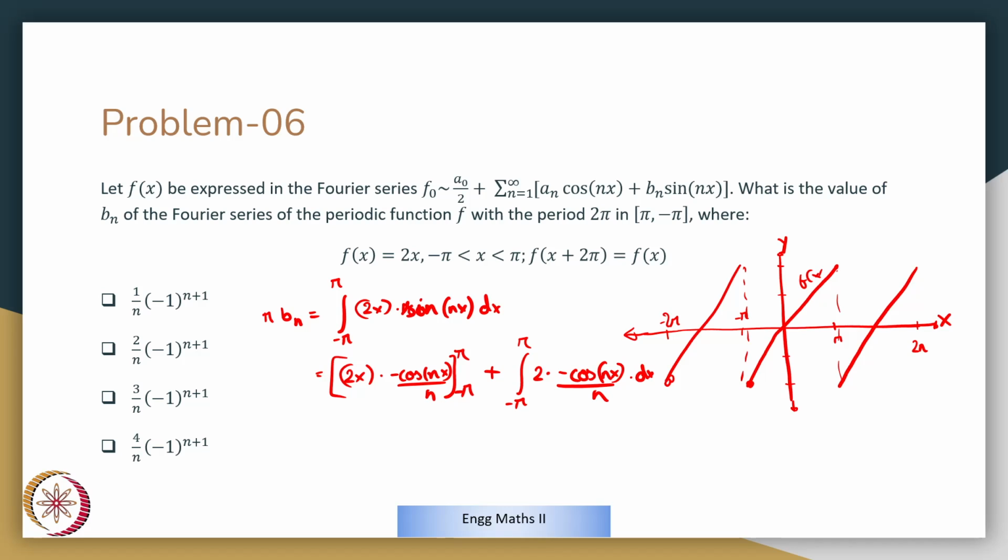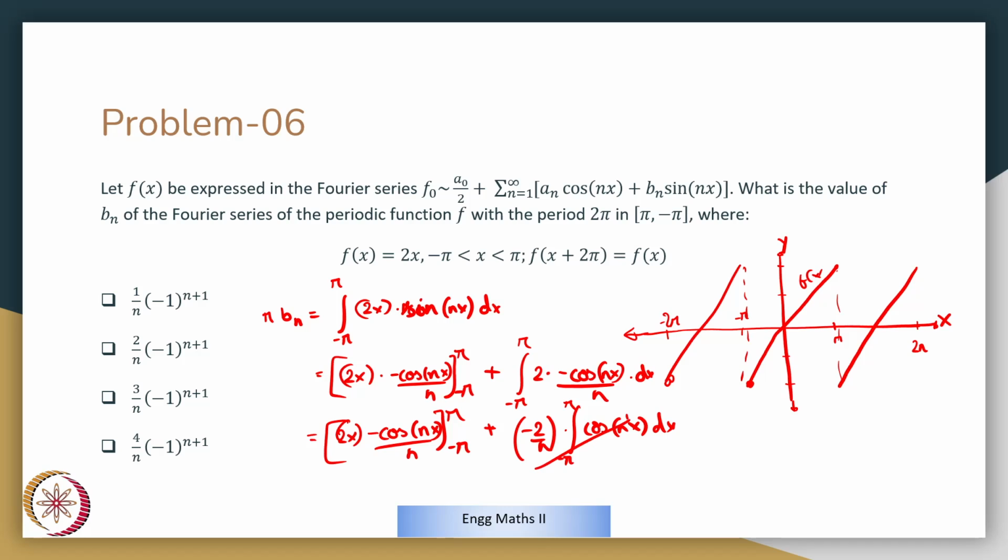Which is 2x times minus cos of nx by n, limiting from minus pi to pi, plus minus 2 by n integral minus pi to pi cos of nx dx.